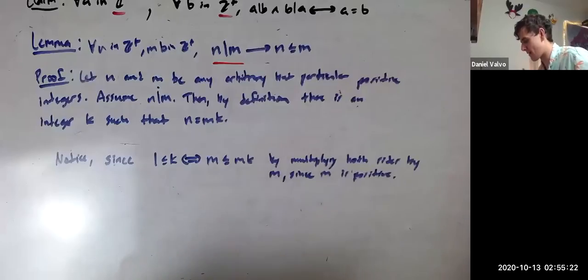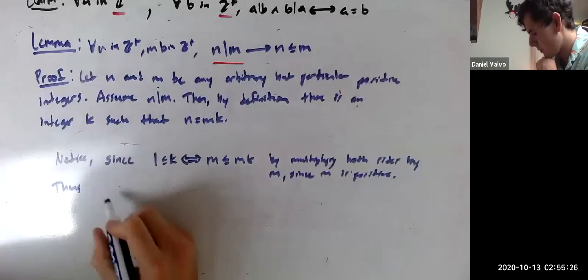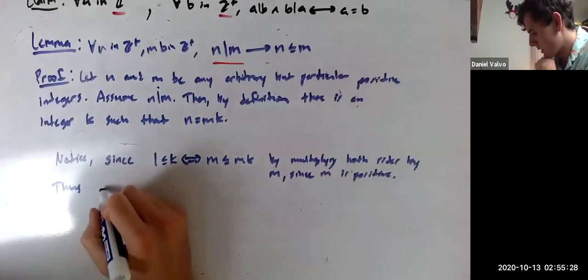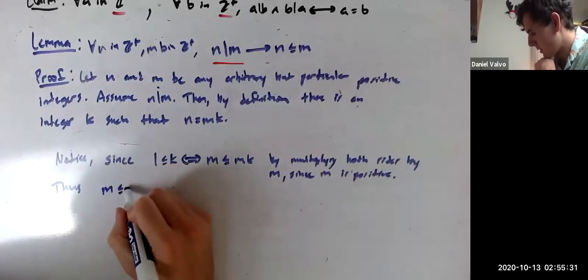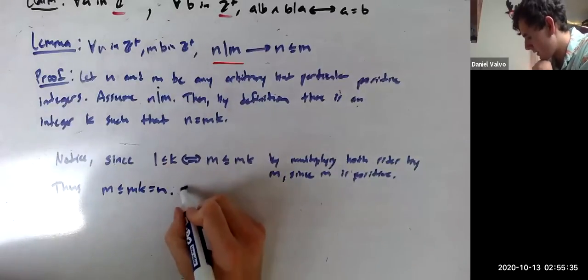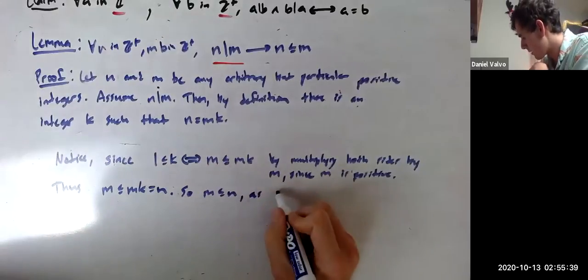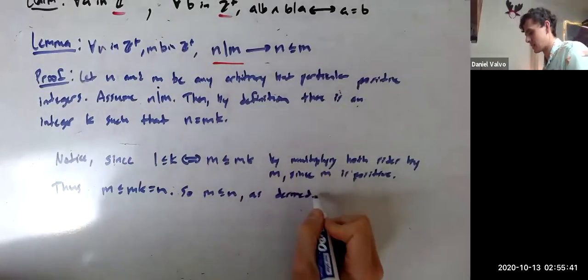Thus m is less than or equal to mk, which equals n by definition. So m is less than or equal to n, as desired.